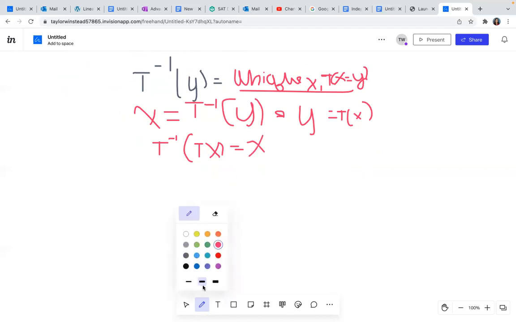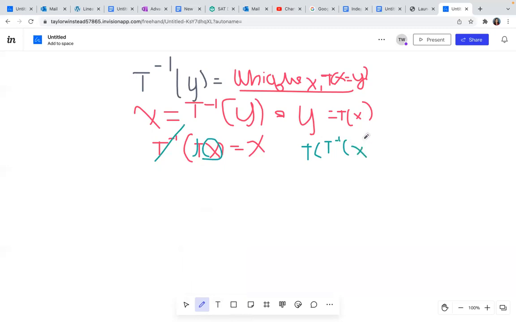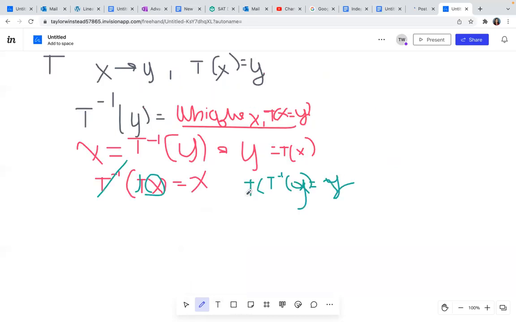So in other words, if you have the inverse T and the normal T, they just cancel out and leave x. And you could also say it in the other direction: T of inverse T of y is still just going to equal y. So it just cancels out.